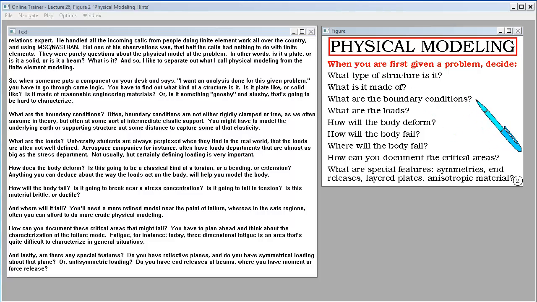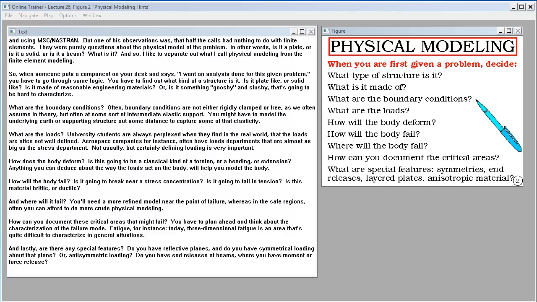What are the boundary conditions? Often boundary conditions are not either rigidly clamped or free, as we often assume in theory, but often it's some sort of intermediate elastic support. You might have to model the underlying earth or supporting structure out some distance to capture some of that elasticity.